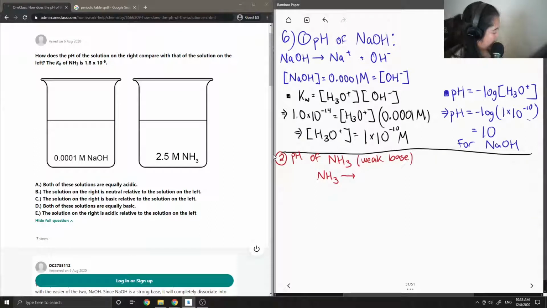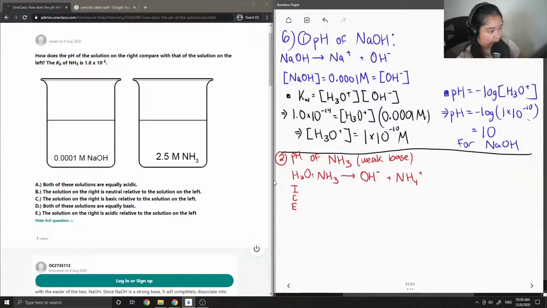In water, it dissociates to OH minus plus NH4 plus. So we can construct an ice table to help us solve for the concentration of OH minus.